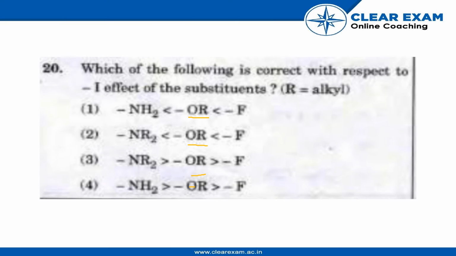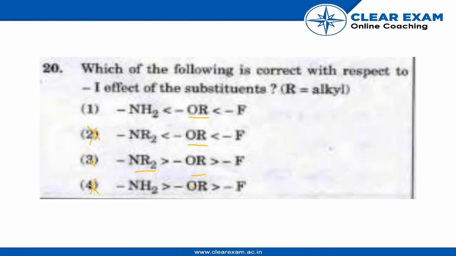the second and third options won't be considered because they are NR2, and fourth because NH2 is greater than OR, which does not satisfy the correct inductive effect of substituents.